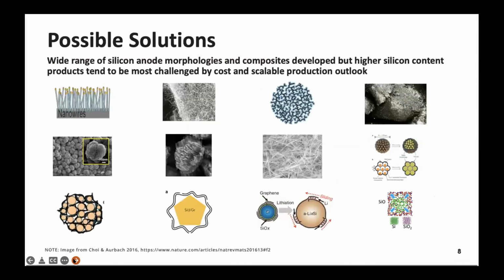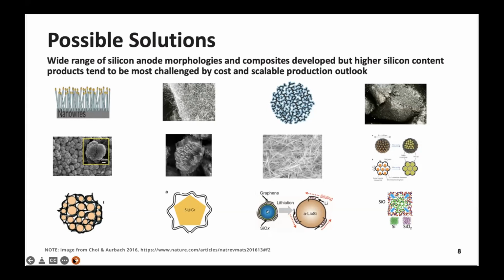There are lots of solutions that have been offered on how to overcome this. There are all sorts of nano materials and structures, some very complicated, some less so, that try to accommodate the expansion or minimize the expansion by size.